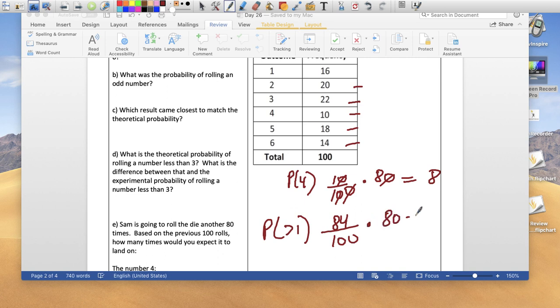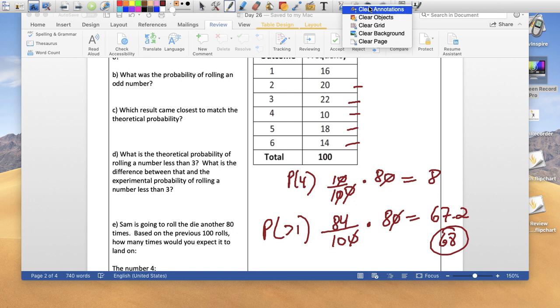So if we multiply that by 80, I'll just use the old-fashioned calculator. Well, it says 67.2. You can't have 67.2 overall, right? So we're going to round up to 68. So out of the next 80 times, we expect that 68 times it will roll a number greater than 1.